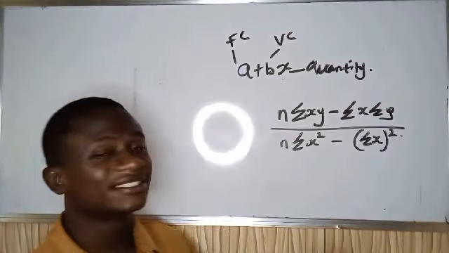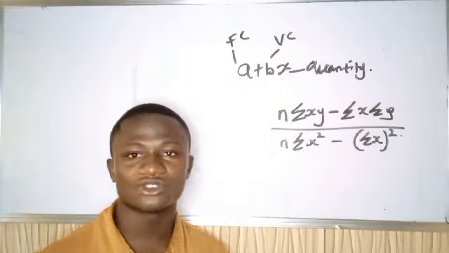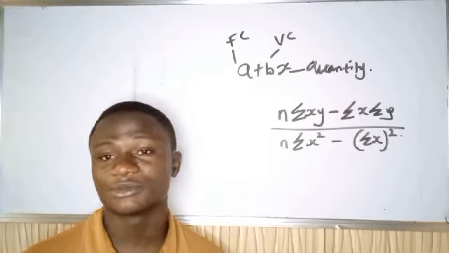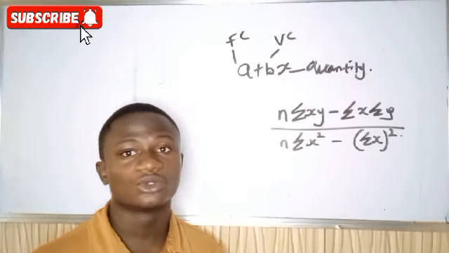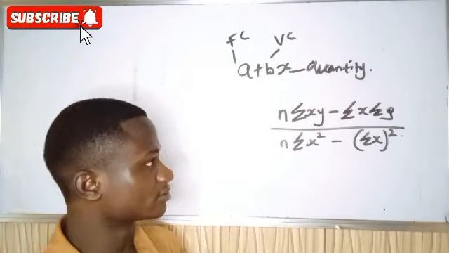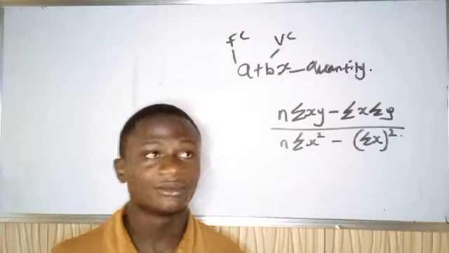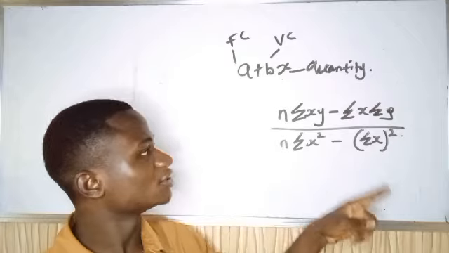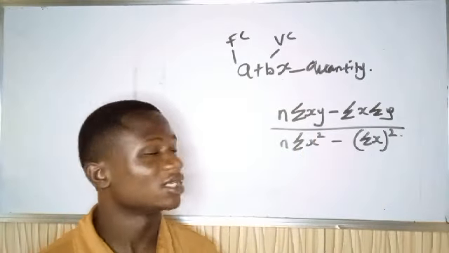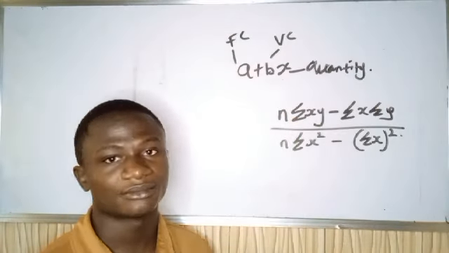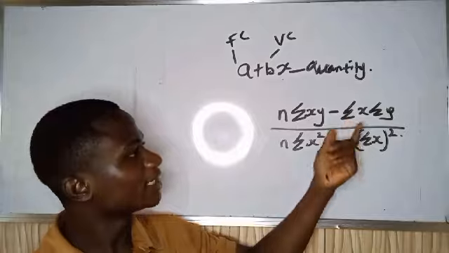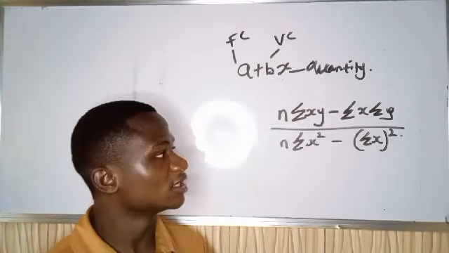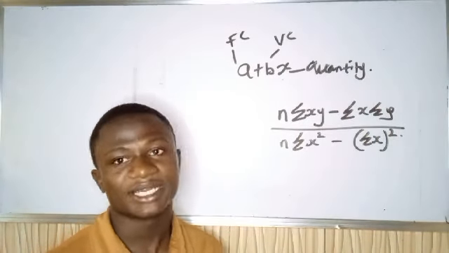So this n is the number of years or number of months you are testing. If you are doing it for 6 months, if you are doing it for 5 months, this is the number of months you are testing. x is one of the variables, y is one of the variables. This summation means addition. So this means that you first multiply x and y variables, then you sum them. This means that you first sum x, then you sum y, then you multiply them.